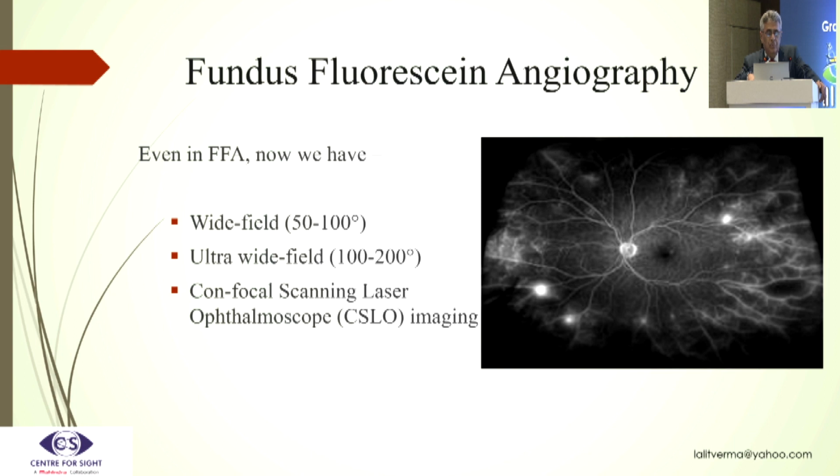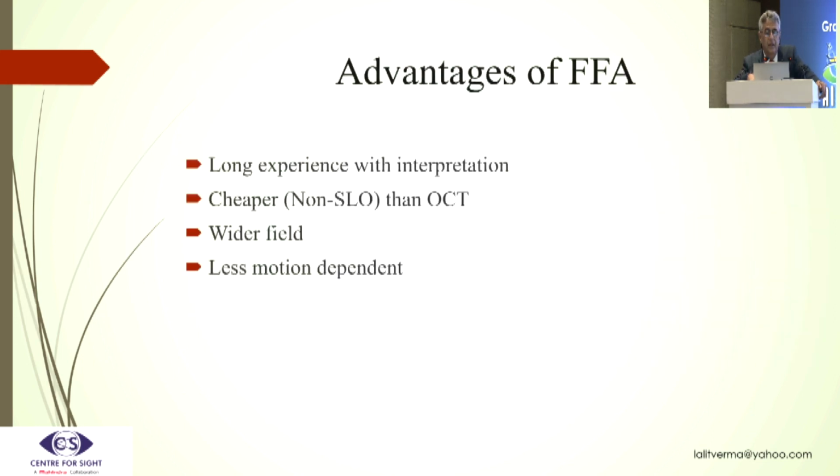FA is now wide field, ultra wide field. Even OCTA now has more machines available for wide field, but still there are limitations, whereas wide field angiography is now more easily available. Long experience with the FFA, and in a very short span, you get a wealth of information about so many diseases.